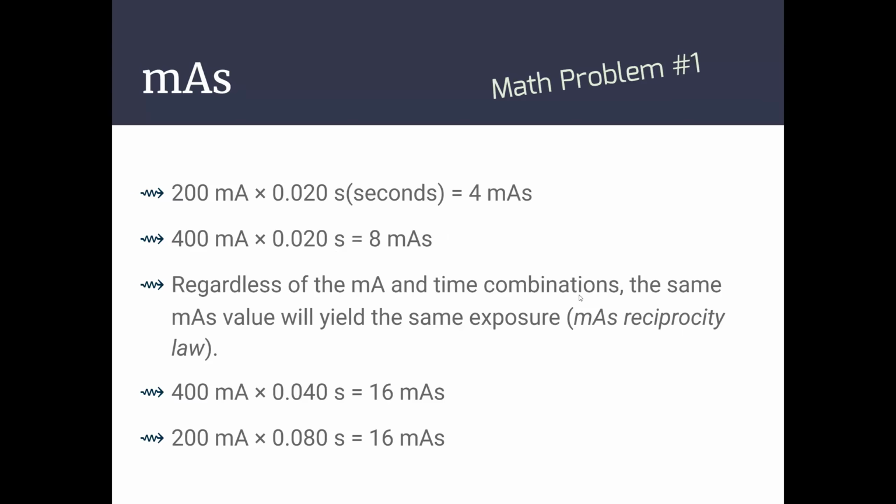Regardless of the MA and time combinations, the same mass value will yield the same exposure, which is also called the mass reciprocity law. So what we're saying is, if you want to have the same exposure, which is your technique, 16 mass, as long as you use combinations of MA times time to equal 16, it doesn't matter which combination you use, as long as it equals 16, you'll still have the same exposure.